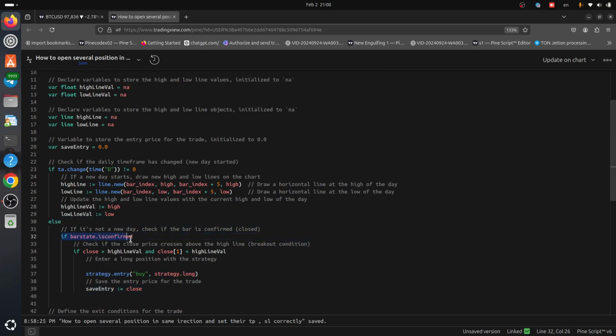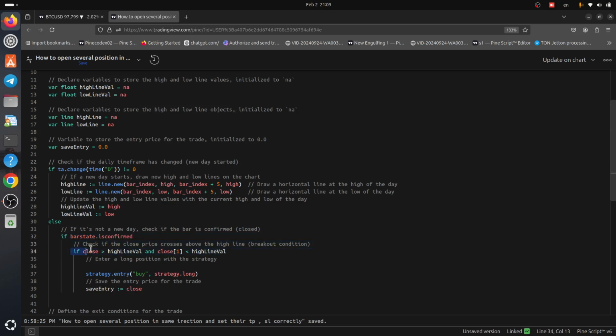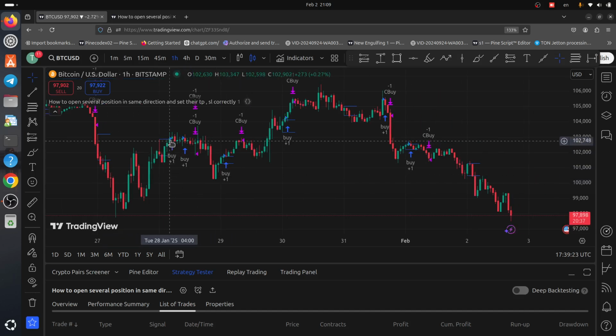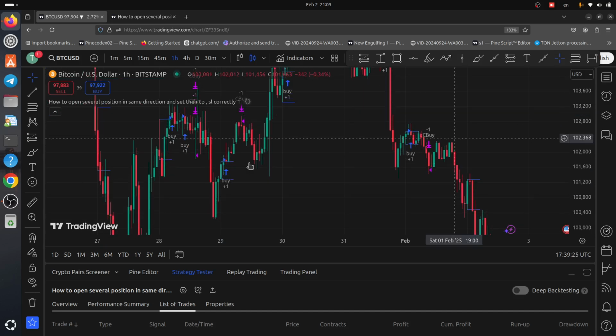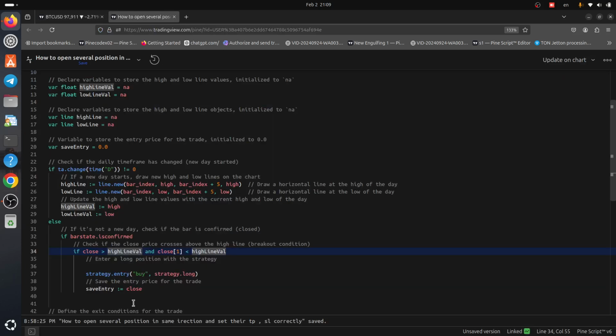If bar state is confirmed, I wrote this to avoid repainting. So we say if close is higher than highline value and previous close is lower than highline value, open a buy position.